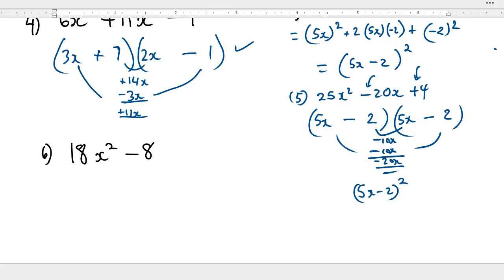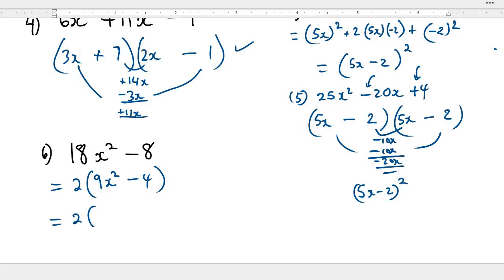And for the last one now, what's common in both terms? Remember, you're always supposed to look for it in every single case of factorization. 2 is common for sure. And so we're left with 9x squared minus 4. Right? If we look in the bracket, we cannot factorize using the highest common factor, but we know 2 is a factor.